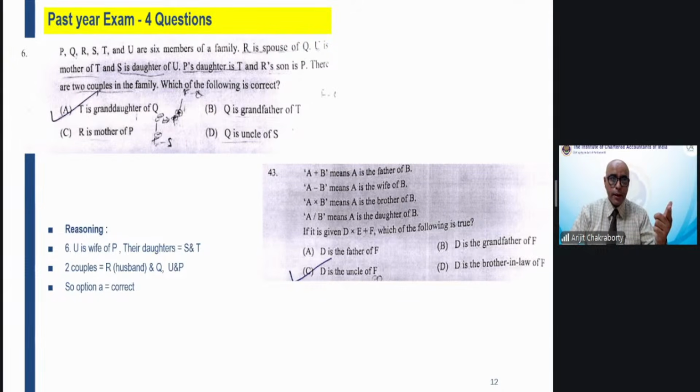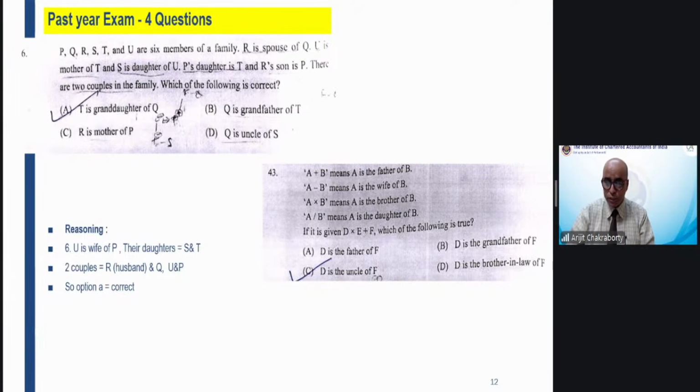And multiplication here means brother. So D into E means D is the brother of E. Now we see the full chain: D is the brother of E, and from the second relation, E plus F, E is the father of F. So what is the chain?